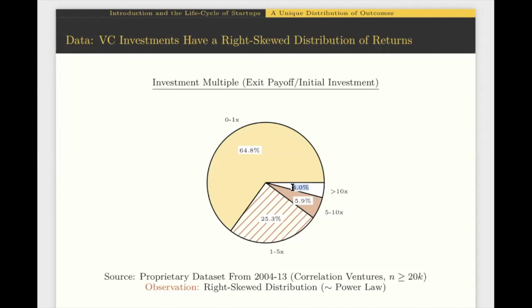And one thing that's important to highlight about home run investments is they tend to be investments that we call contrarian, right? And so what that means is early on, when you're making the investment, the general consensus of the market is generally that the startup doesn't have a very high likelihood of success.